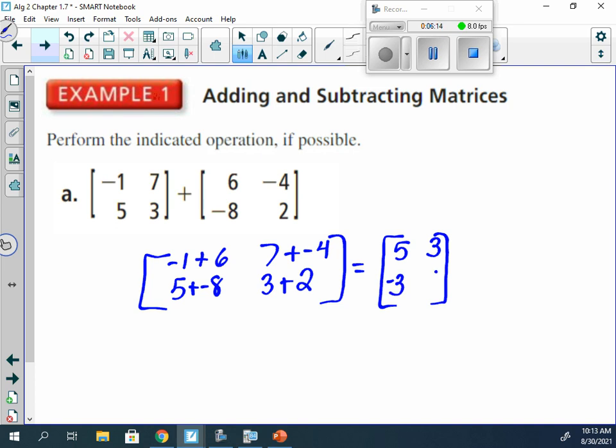And 3 plus 2 is? Questions on this here?